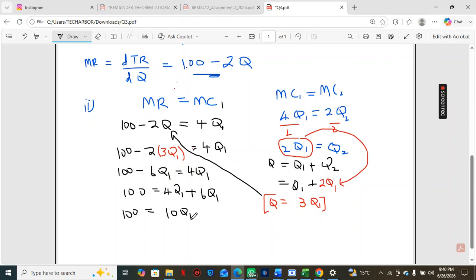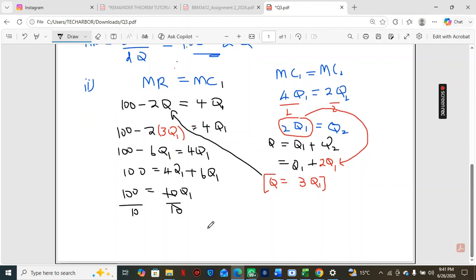Okay. So to get the value of Q1, you divide both sides by 10. So 100 divided by 10 is 10. So Q1 equals 10.